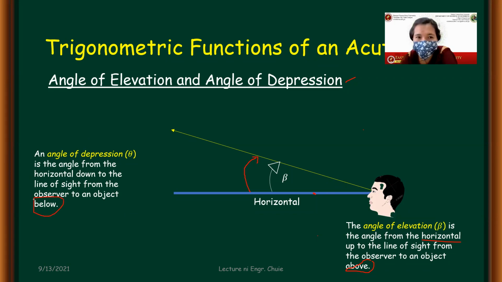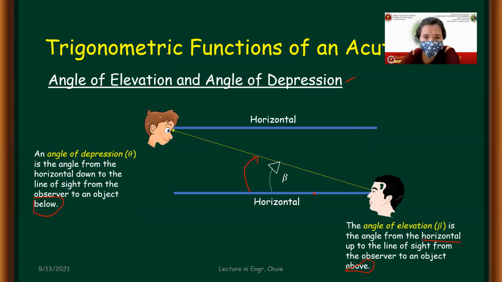In this illustration, if this is the horizontal and he looks down at the person at the bottom, that is the angle of depression.